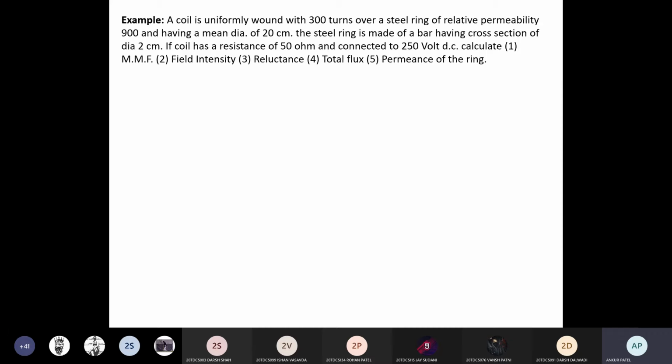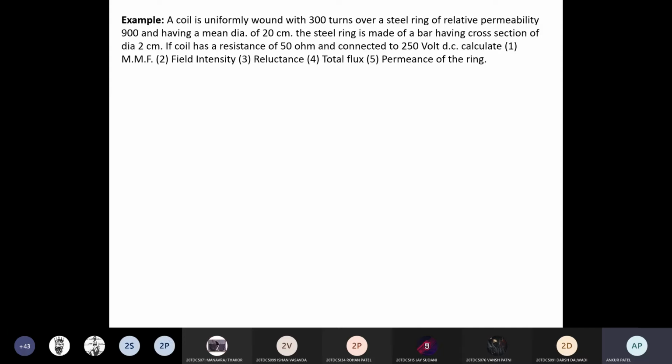The steel ring is made of bar having a cross section of diameter 2 centimeter. If the coil has a resistance of 50 ohm and is connected to 250 volt DC, calculate first MMF, second field intensity, third reluctance, fourth total flux, and fifth permeance of the ring.